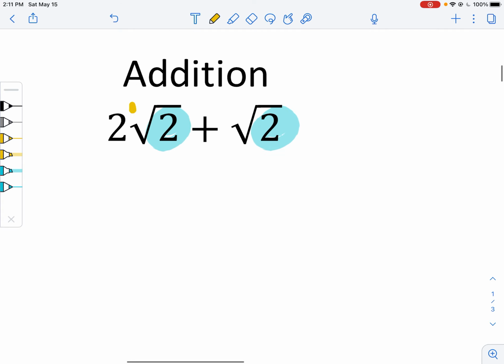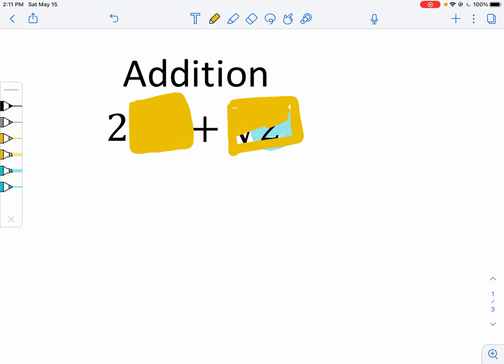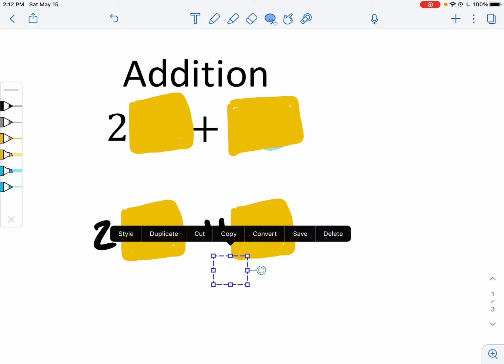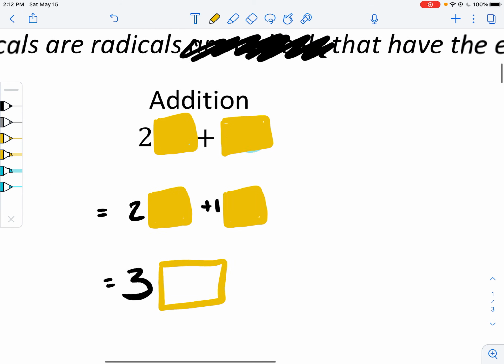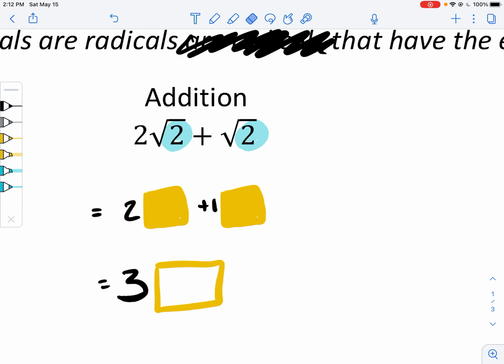Here, let's say we've got some quantity and we don't know what it is, but we've got a yellow box and we've got another yellow box. If I have 2 yellow boxes and I add them together, 2 of those plus one of these guys, how much will we have? We have 2 yellow boxes plus 1 yellow box. Well, that'll be 3 of whatever is in our yellow box. But now let's open it up. What was in our yellow box?